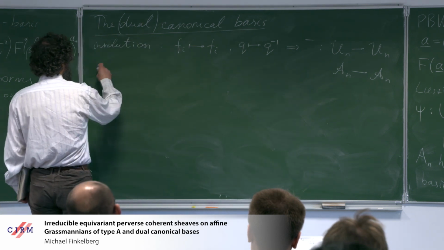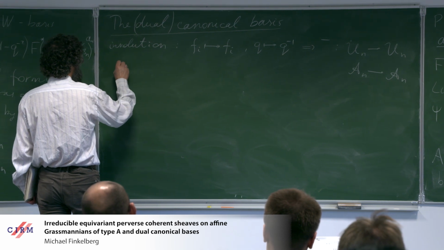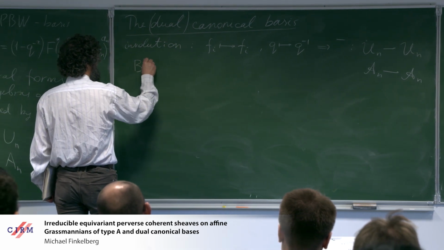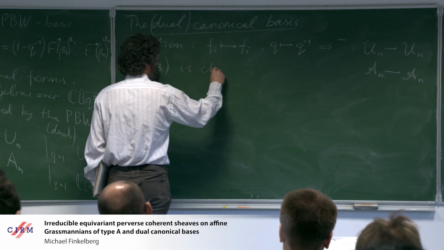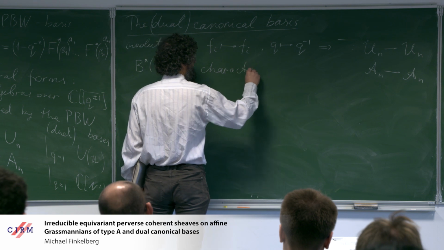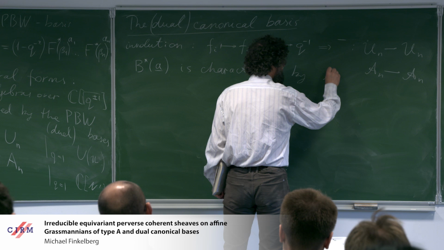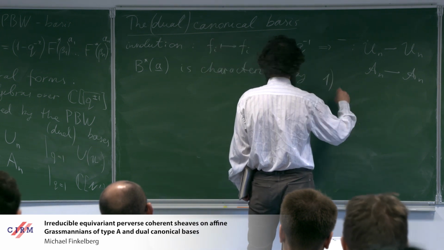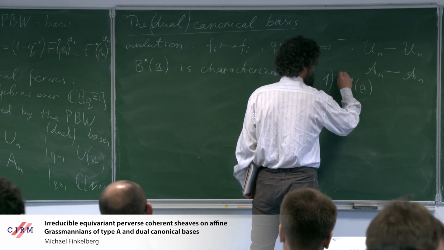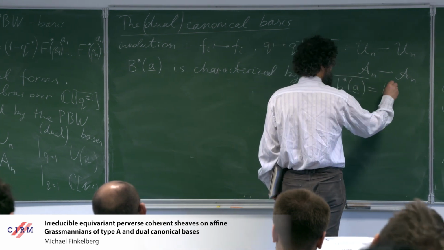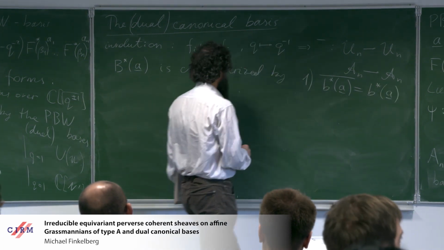And now the canonical basis, or maybe let me give the dual canonical basis, B, is characterized by two properties. First, that B star of A is invariant with respect to this bar involution.